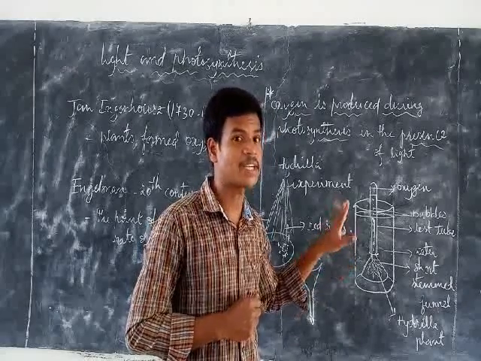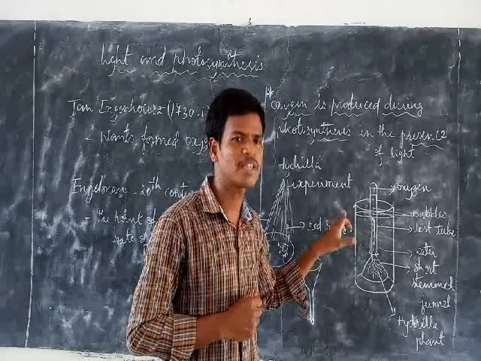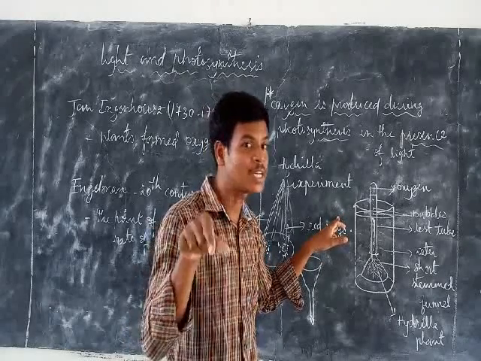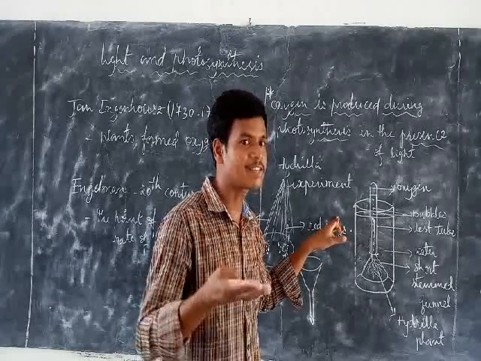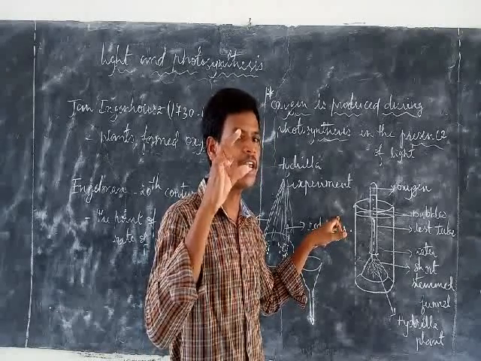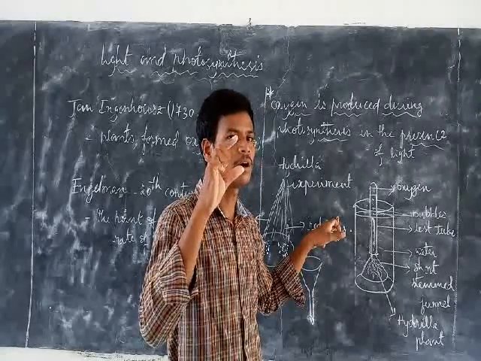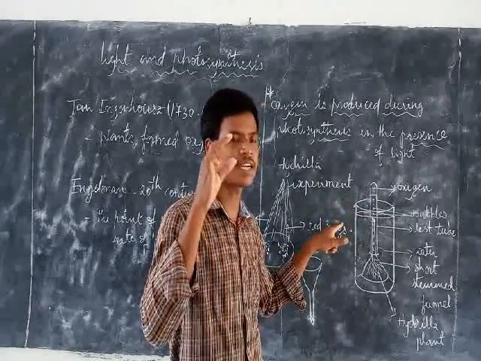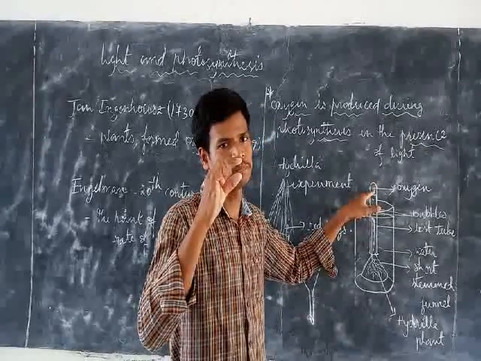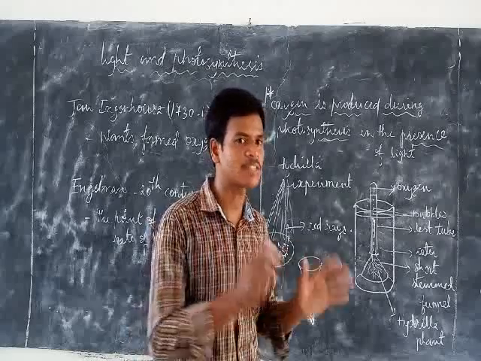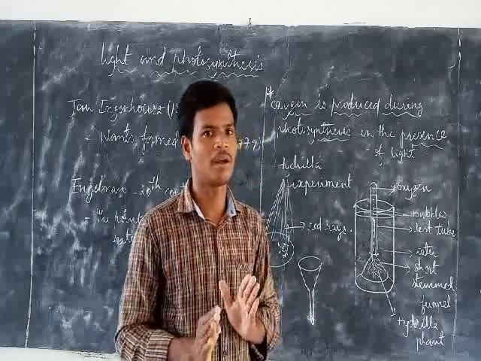We took two apparatus, two sets for this activity. What about the set that is kept in dark? Is there any result? Yes, there is also some result, but we have to calculate the amount of oxygen collected in the test tube. Okay, so the amount of oxygen collected in both the sets is not equal.